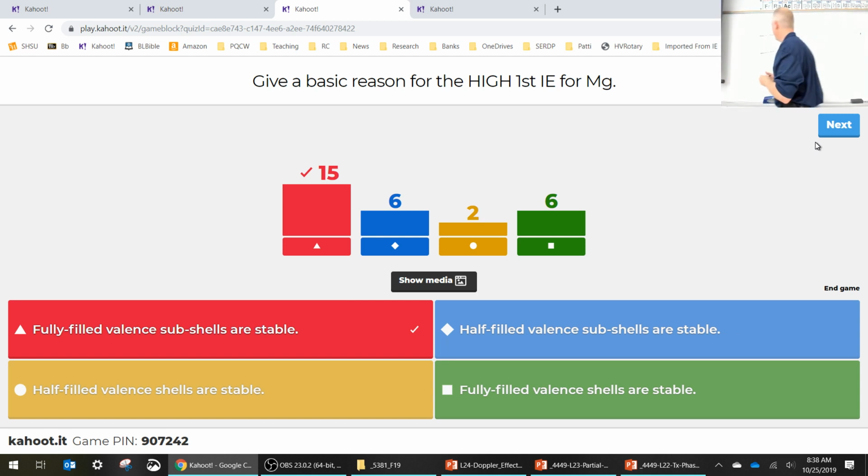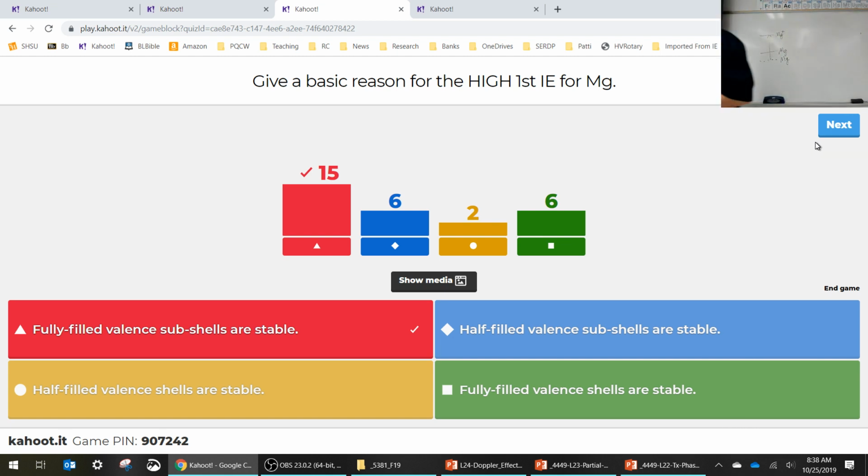So how does that figure in? We've got a high first ionization energy, so this orbital is actually a little more stable than what you would expect because it's a fully filled subshell. It's 3s2, and s2 is stable, that's 2 electrons in the s orbital, and so the neutral is a little bit lower in energy than you'd expect, and that makes the ionization energy higher.